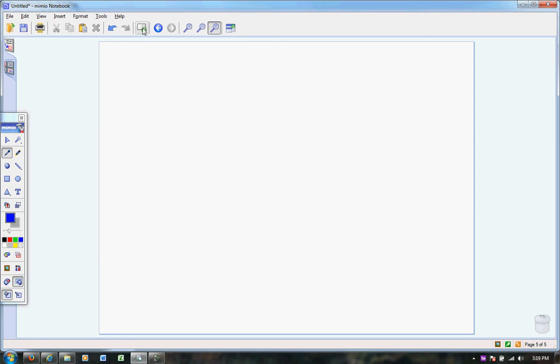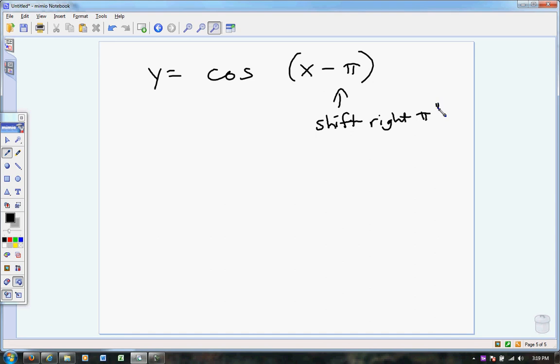Now the other thing that I want you to remember is the possibility of a shift. You could have something like cosine of x minus pi. At that point, that means that there is a shift right pi units.